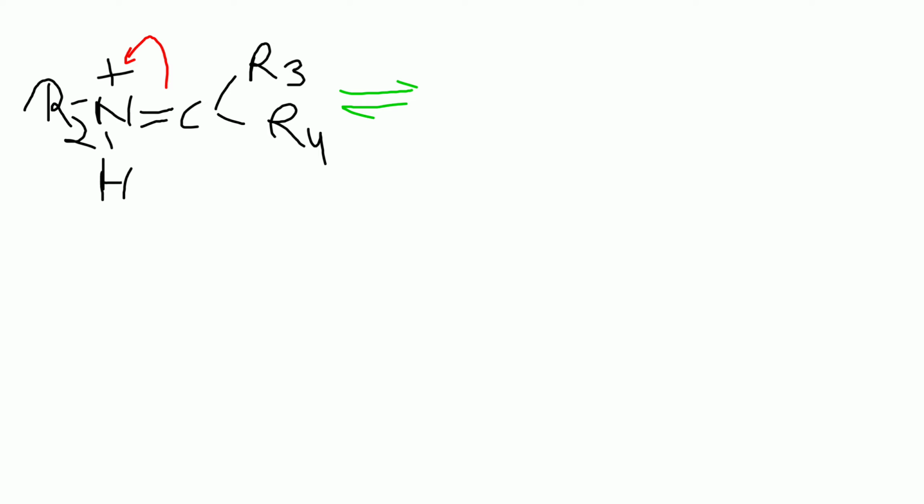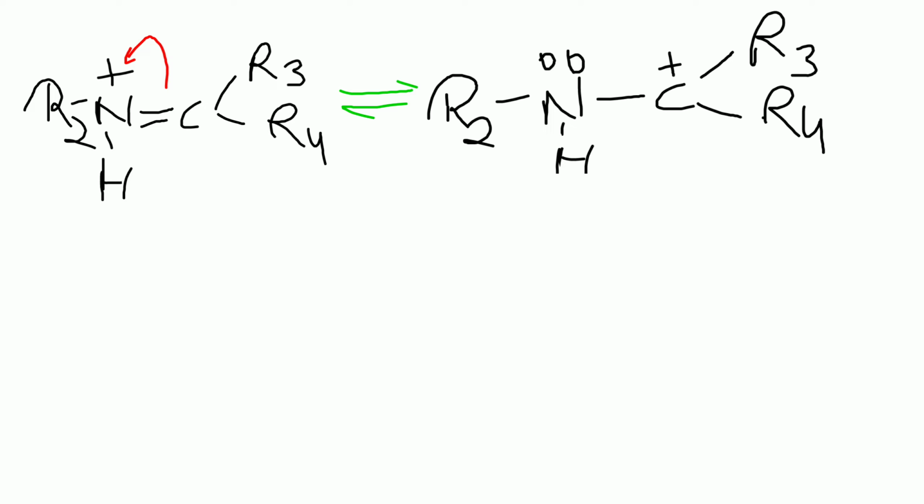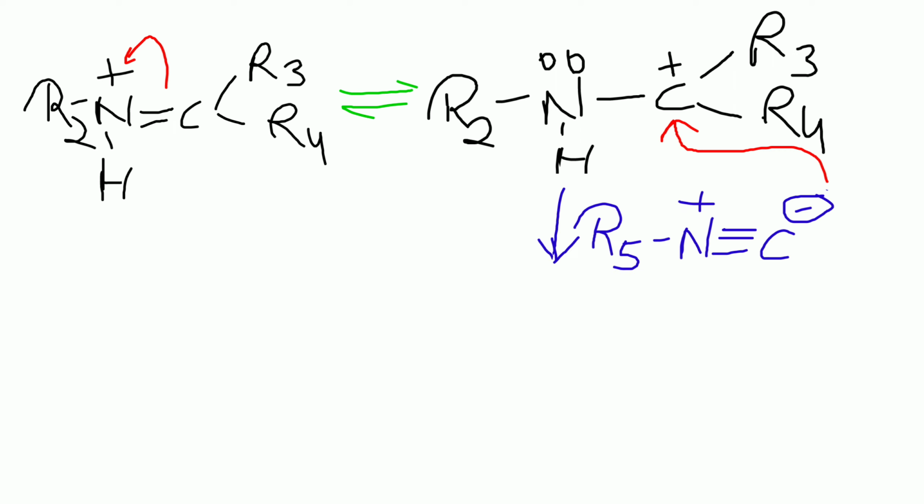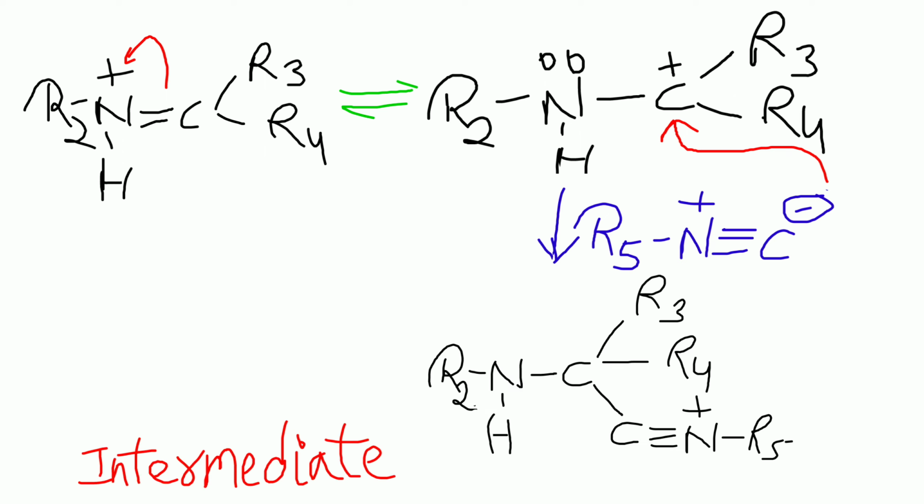This positive charge is neutralized by the pi bond between carbon and nitrogen. So the pi bond is shifted over the nitrogen and carbon becomes a carbocation. Isocyanide contains a carbanion, so the negatively charged carbon attacks the carbocation of the iminium ion. So this reaction intermediate will form.